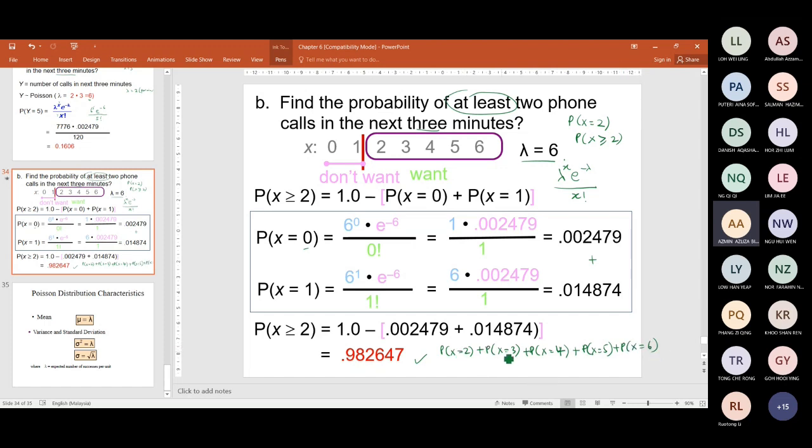So you have to find 1, 2, 3, 4, 5, instead of 2. Here you only find 2. So 1 minus these 2. Another way is to find each of these because we know greater than or equal to 2 is 2, 3, 4, 5, 6. So the probability of this one plus this, which is longer. So you don't want to do that, just 1 minus that.